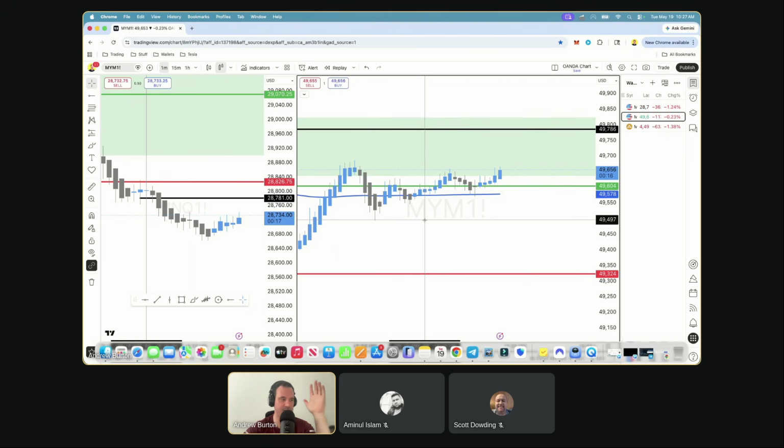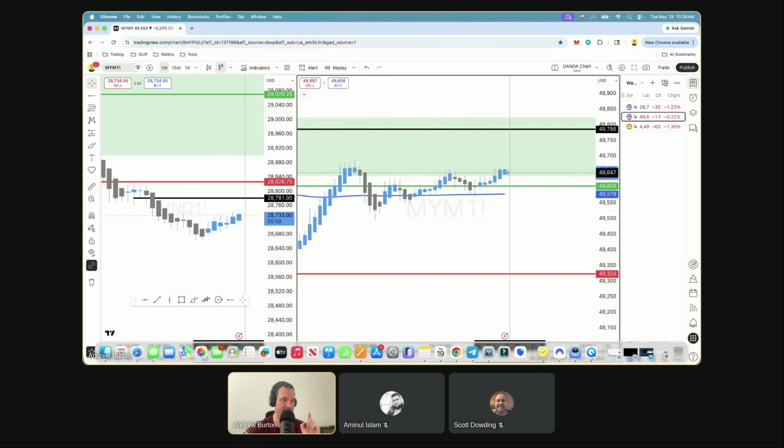An A plus setup is when all the confirmations line up. Everything you learn in the course is basically lining up, boom, boom, boom, they're all telling you to take the trade, right? A very high risk trade is basically when one thing doesn't line up. For instance, it's telling you to short, but it's above the VWAP, which is one of the confirmations, this blue line right here.